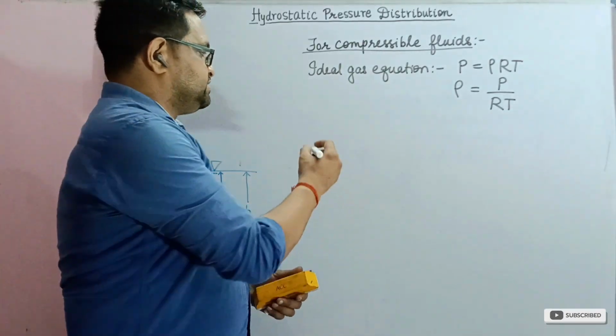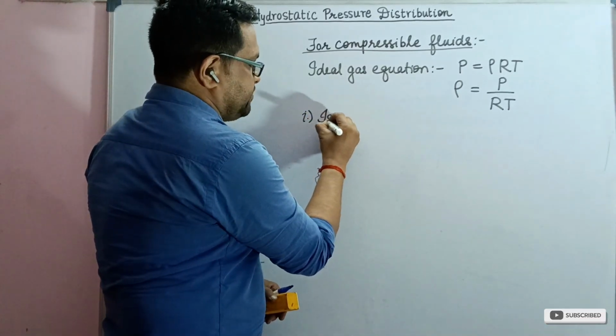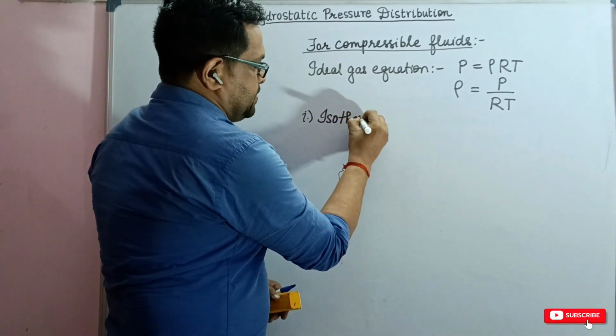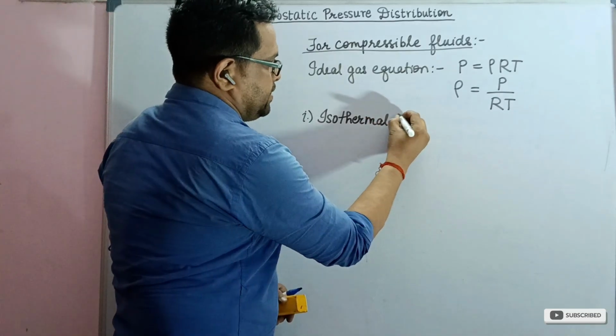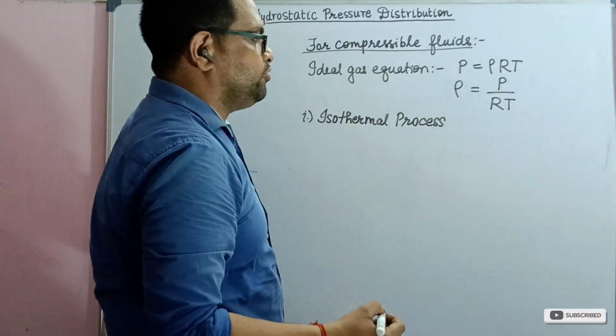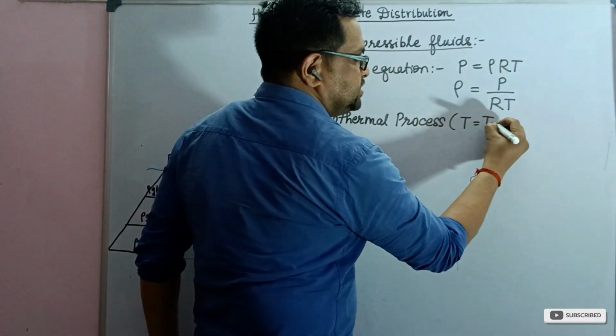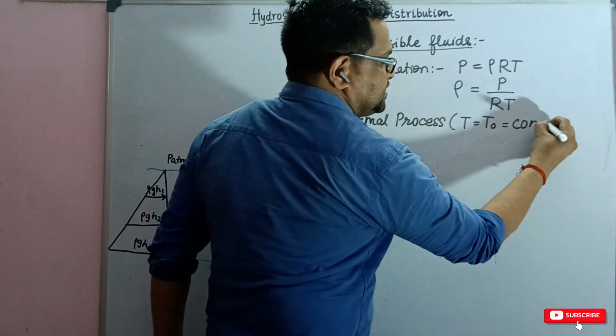So first let us see if the process involved is an isothermal process. Now, what is an isothermal process? A process which is carried out at constant temperature. So here we have T is equal to T naught, which is constant.